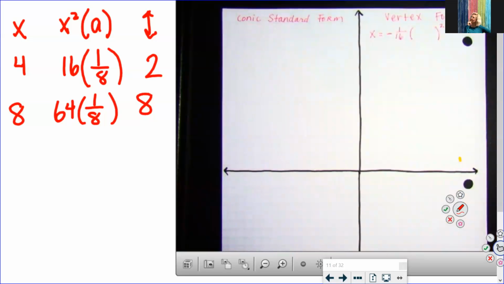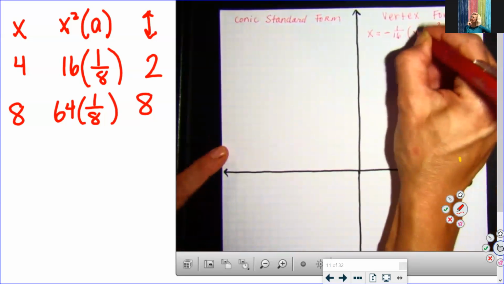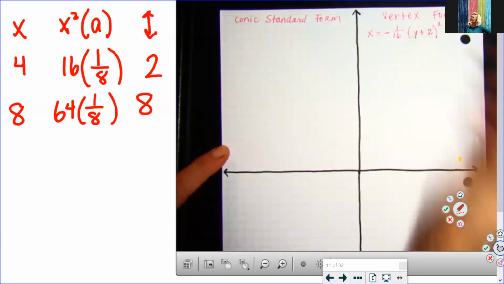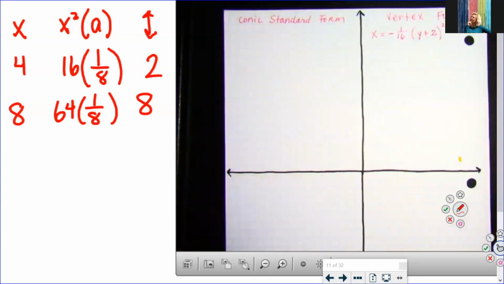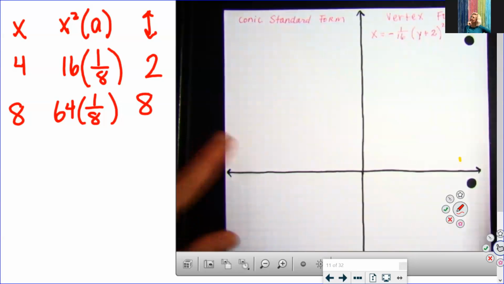We're going to write y plus 2 inside the parentheses. If that's y minus k, k is opposite, then your h value is tagged at the end, and our h value is just going to be a positive 6.